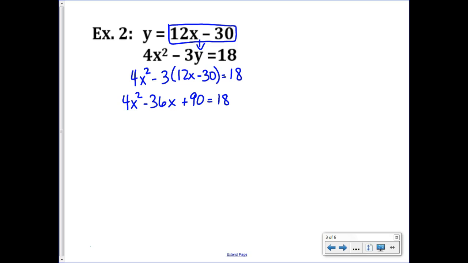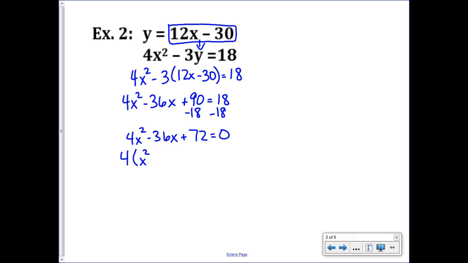Okay, from there, I'm going to subtract 18 to set it equal to 0. So I get 4x squared minus 36x plus 90 minus 18 is 72 is equal to 0. I can see that all of those will divide by 4.